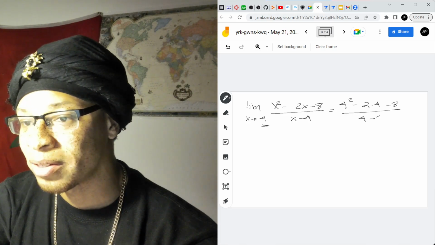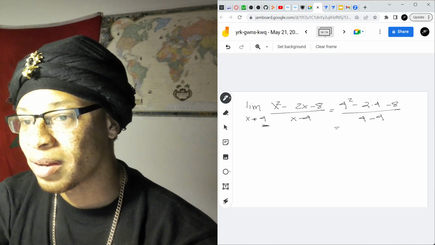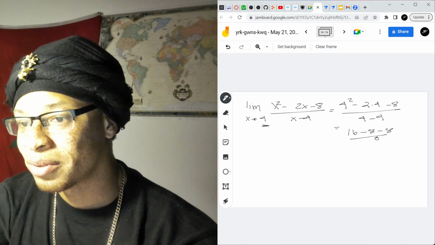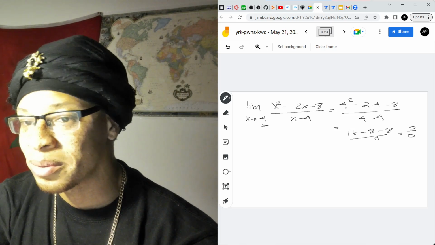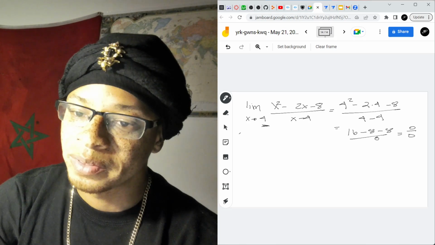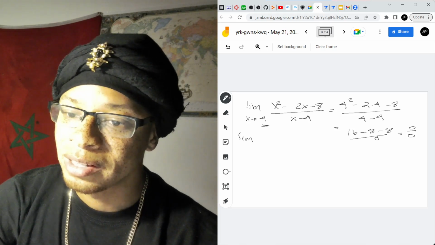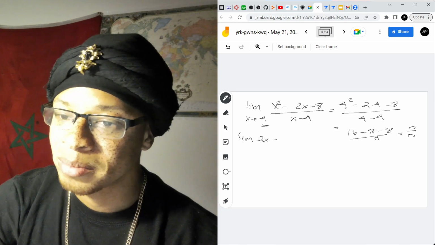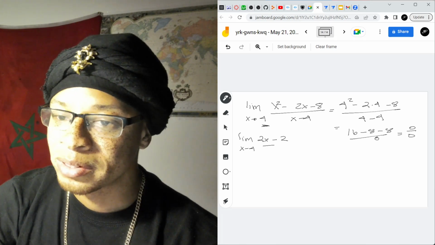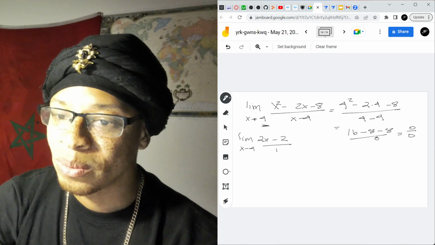So we throw in there, so it's 4 squared minus 2 times 4 minus 8, and then it's 4 minus 4, right? And that is 16 minus 8 minus 8 over 0. 16 minus 16 is 0, so 0 over 0. You can't have that. So what we do, we take the derivative. The limit of 2x minus 2, as x approaches 4, divided by 1.